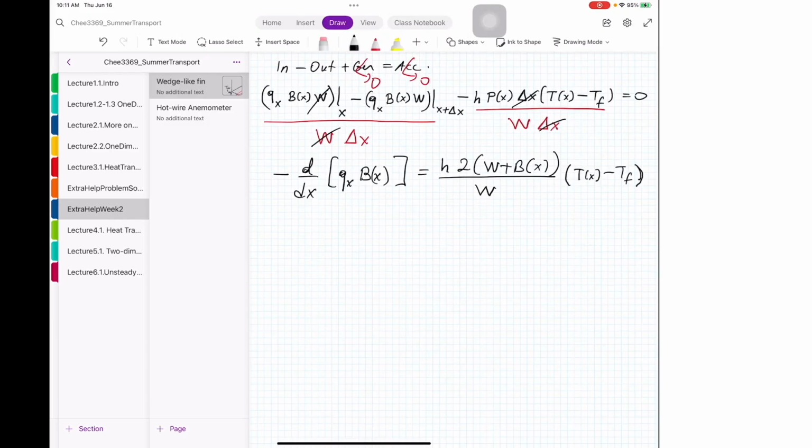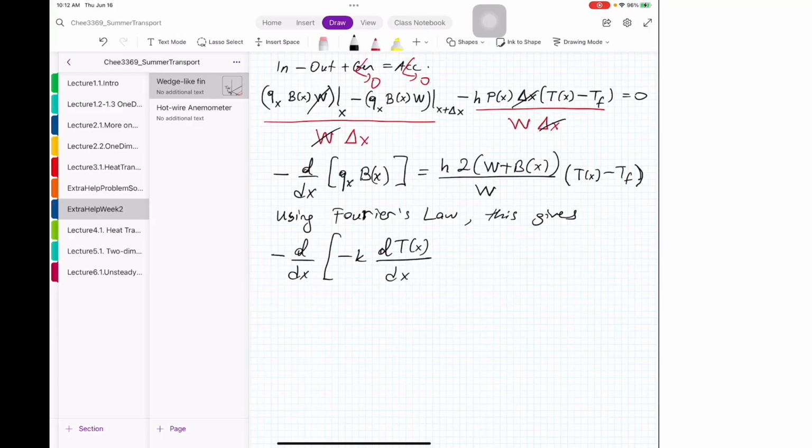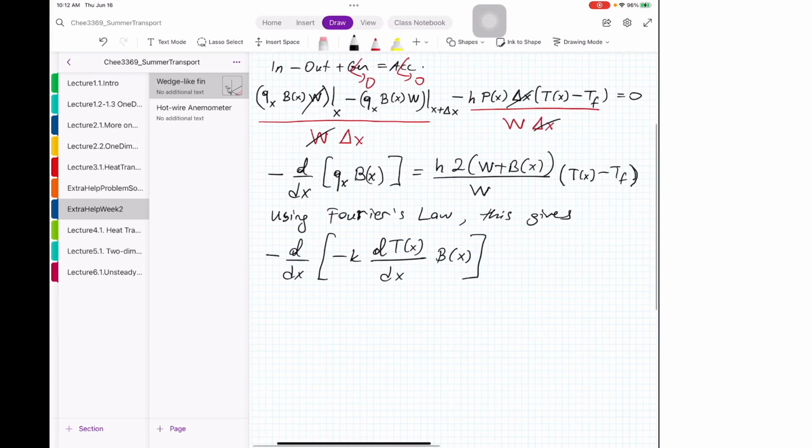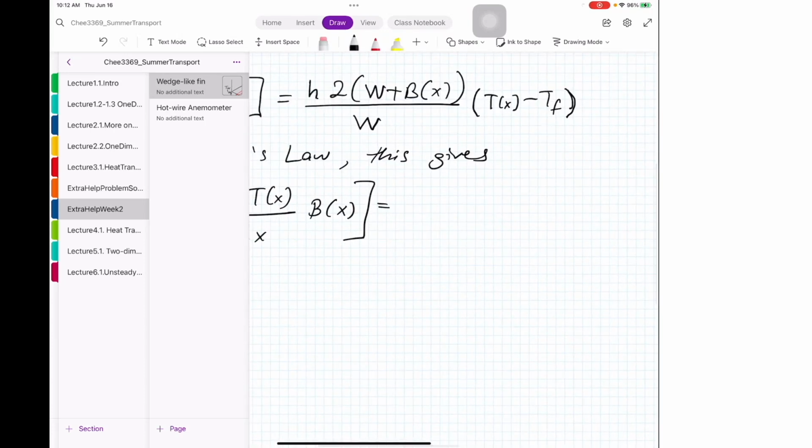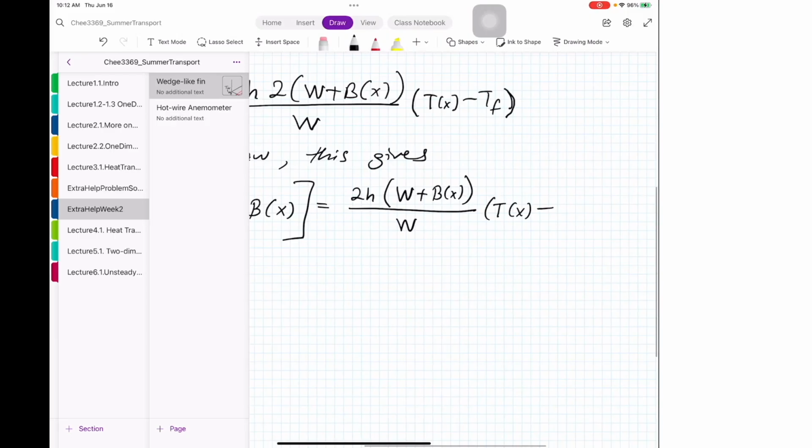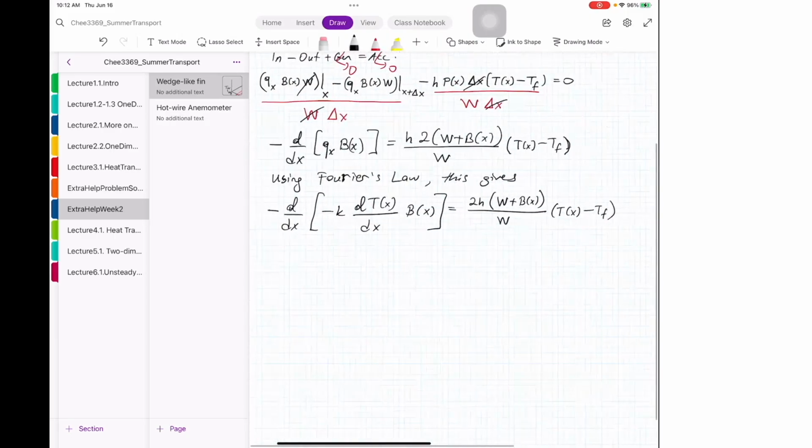Now, using Fourier's law, this gives minus d over dx of minus k dT of x over dx b of x is equal to 2h W plus b of x divided by W, T of x minus T of f.